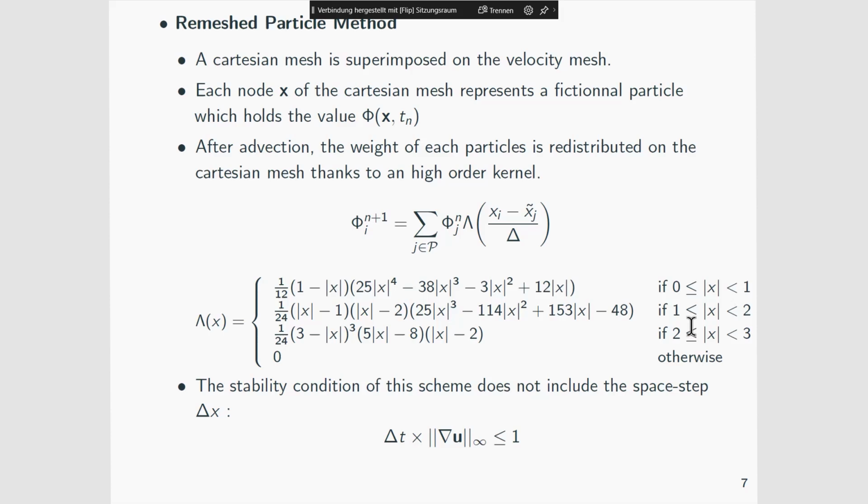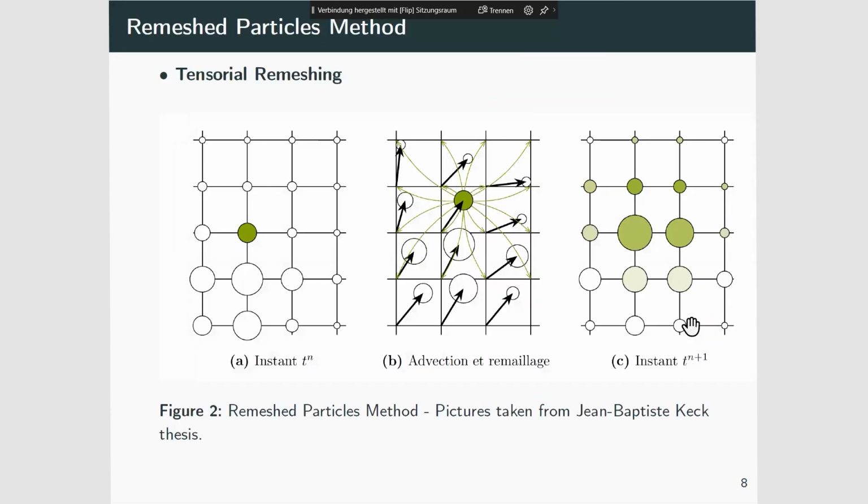This method is also subject to a stability condition, but this stability condition does not include at all the space step of your grid, so it is far less restrictive than the CFL condition from the classical methods.